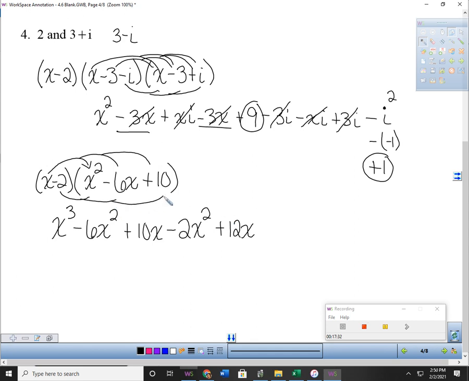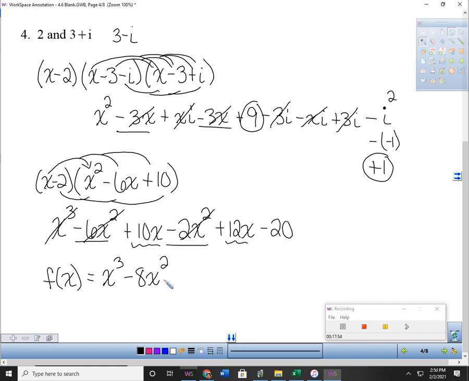And negative 2 times 10 is negative 20. And now we're ready to just combine like terms, so put your function notation in front. I have x cubed. Then we have negative 6x squared, negative 2x squared, which make negative 8x squared. 10x and 12x, that makes 22x. And then you have the minus 20.